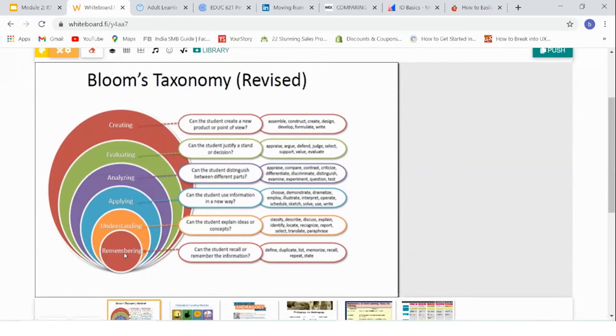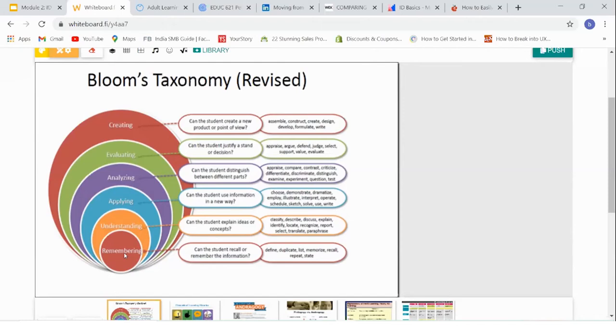Once you grasp anything, you go through all these stages, and then in the end you create something. For each level, Bloom's taxonomy says what the student can do. Can the student recall or remember the information? If your motto is to just teach the student to recall or remember the information, then what words will you use to write the objective?